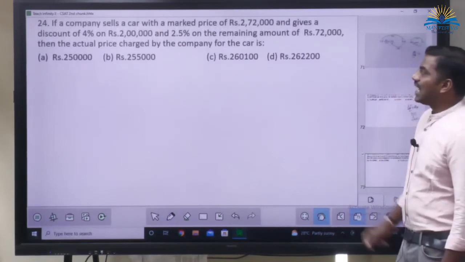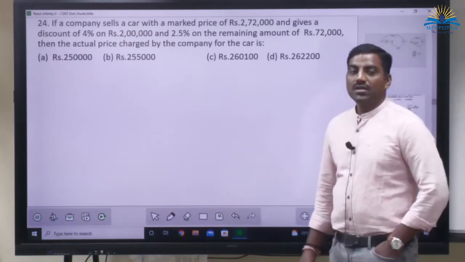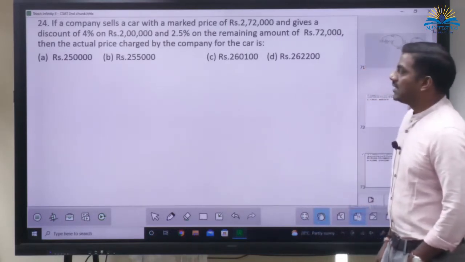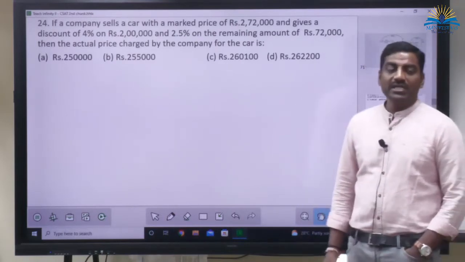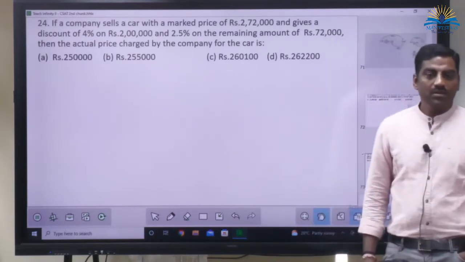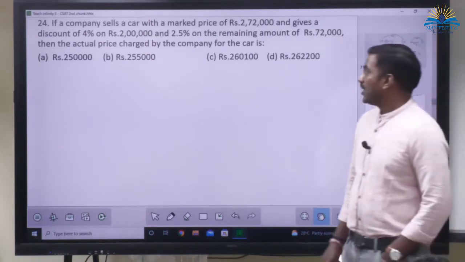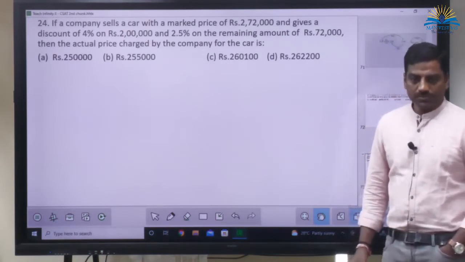If a company sells a car with a market price of 2,72,000, market price is how much? 2,72,000, and gives a discount of 4% on 2 lakh. That means in the first 2 lakh, 4% discount. Then 2.5% on the remaining amount, that is 72,000.